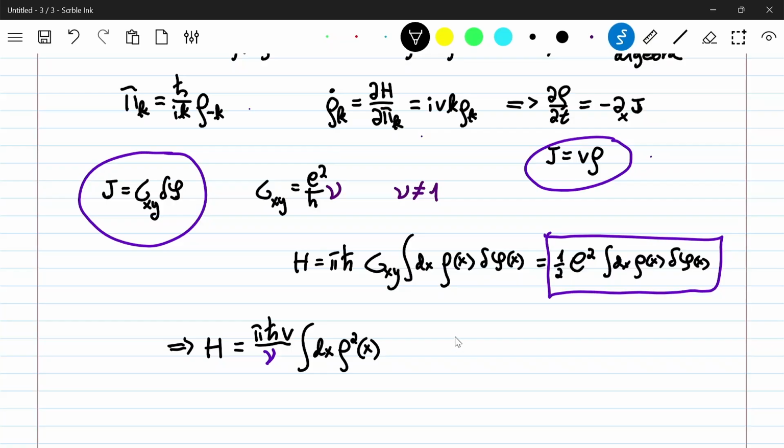And in fact, what we must find is, if we do again the Heisenberg equation to get the continuity equation from this, it should give us the continuity equation with the same velocity as before. The velocity was not normalized, okay?